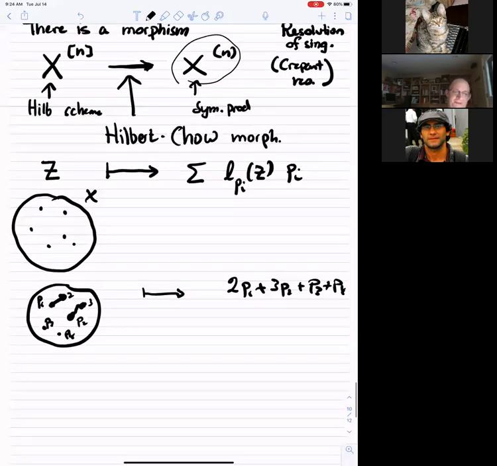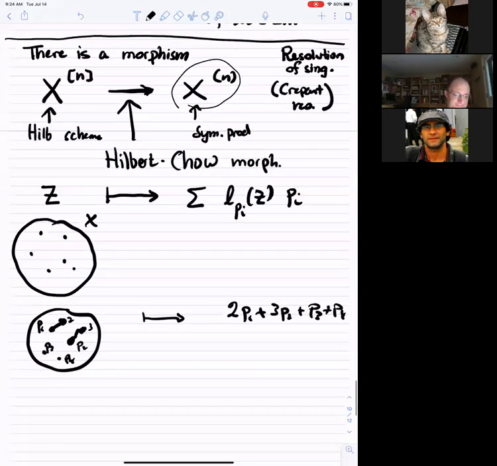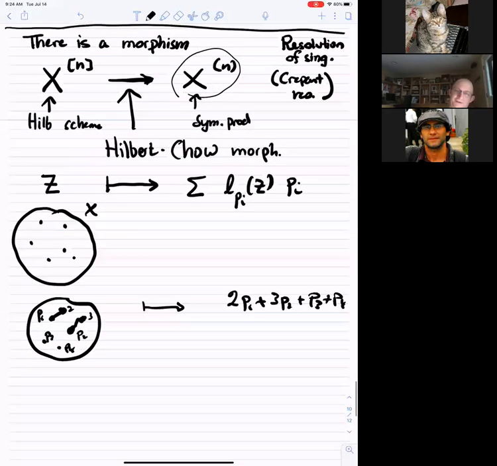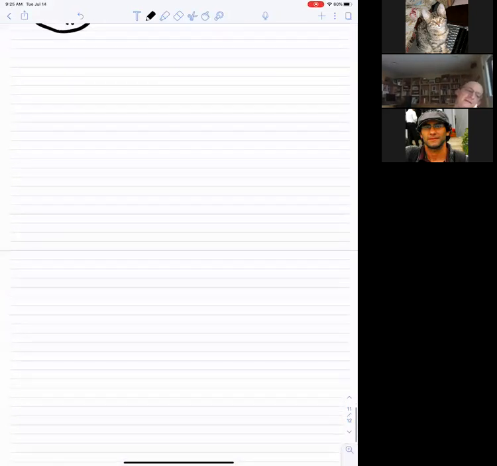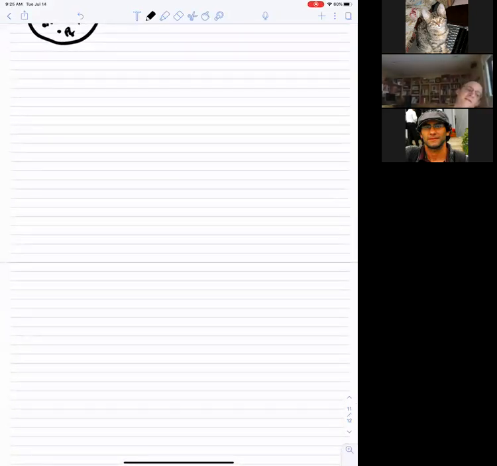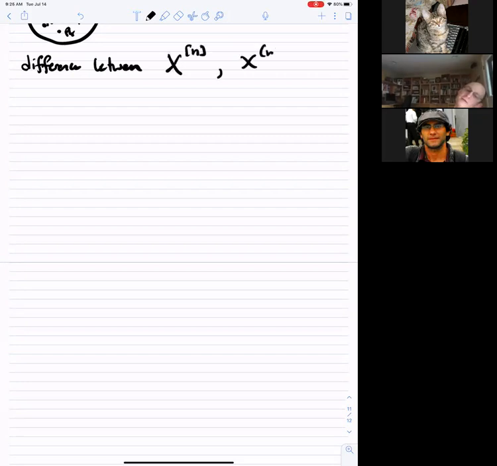Sorry, I keep sliding this. I don't know how to keep too many things on the board at once, but let's understand, I should have done this a little bit earlier, the difference between the Hilbert scheme and the symmetric product a little bit, okay?